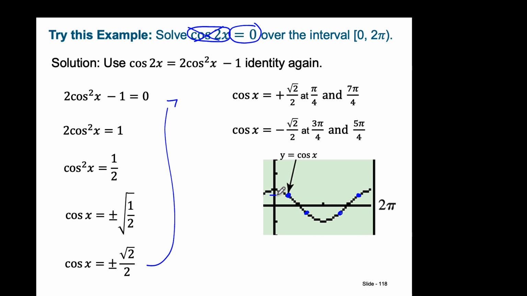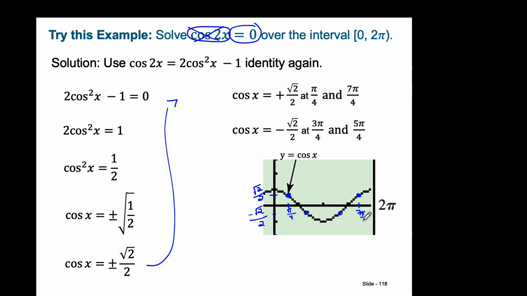Let me just label that so you can see it. And this one is the negative radical 2 over 2. So the positive root, radical 2 over 2, occurs at pi over 4, and again at 7 pi over 4.